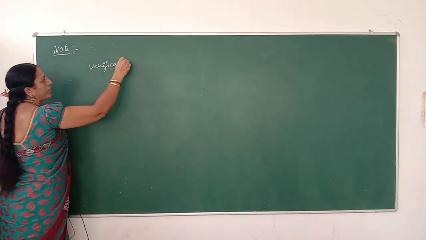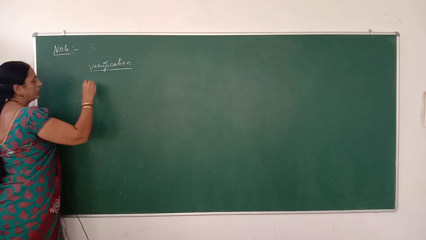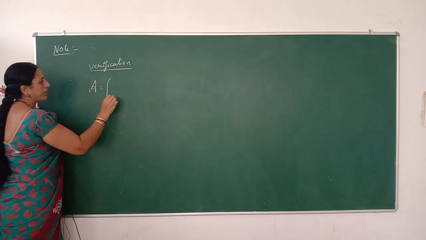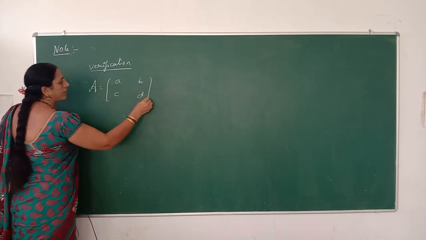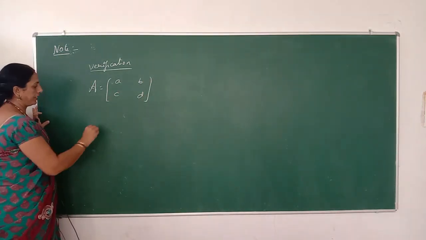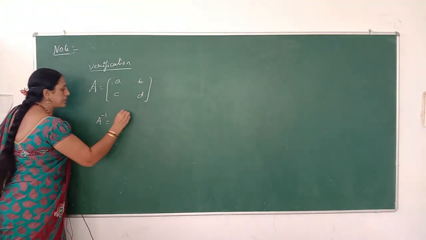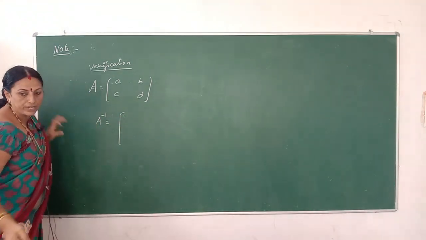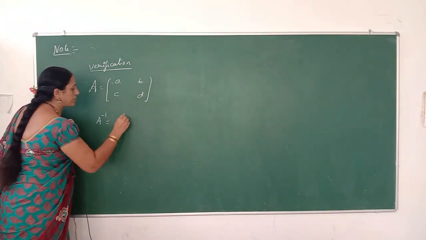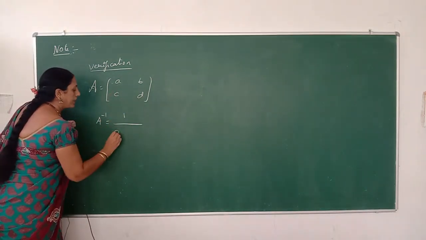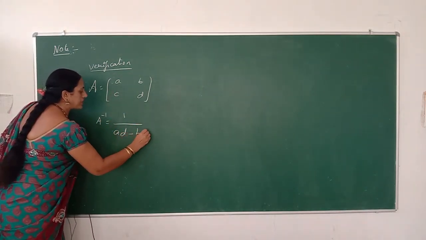How to find the inverse of a matrix. In general, the elements of A can be written as A, B, C, D. The inverse of the matrix A can be written as 1 divided by AD minus BC.